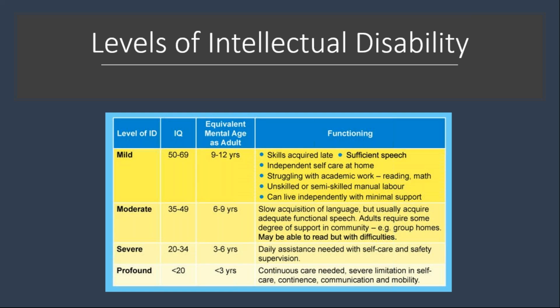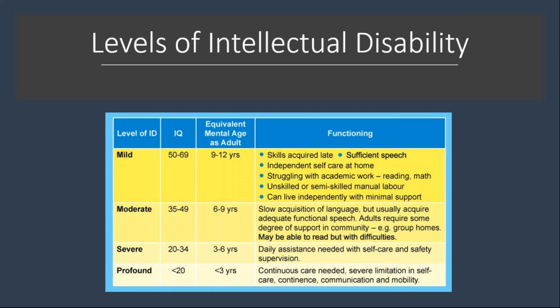They're able to learn at school, but they perhaps require a smaller group setting, lots more repetition to learn skills, but they typically are able to acquire some academic skills. Sometimes individuals with a mild intellectual disability are able as adults to live independently on their own with minimal support from others. Sometimes that might not be the case, but a lot of times if we do our best to really prepare and practice the skills, they are able to do that.